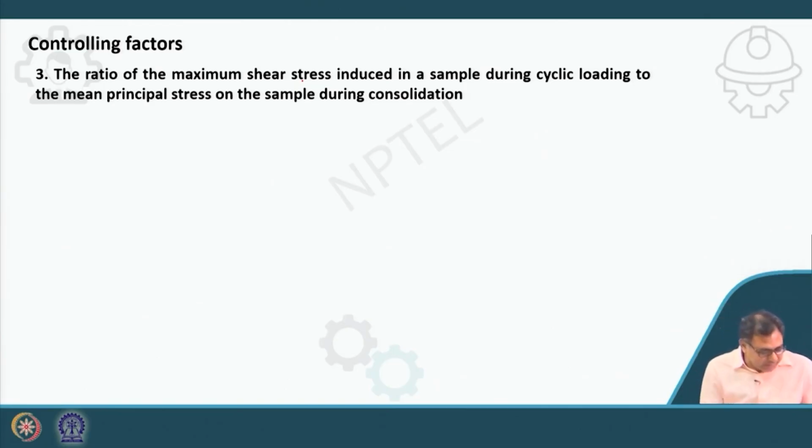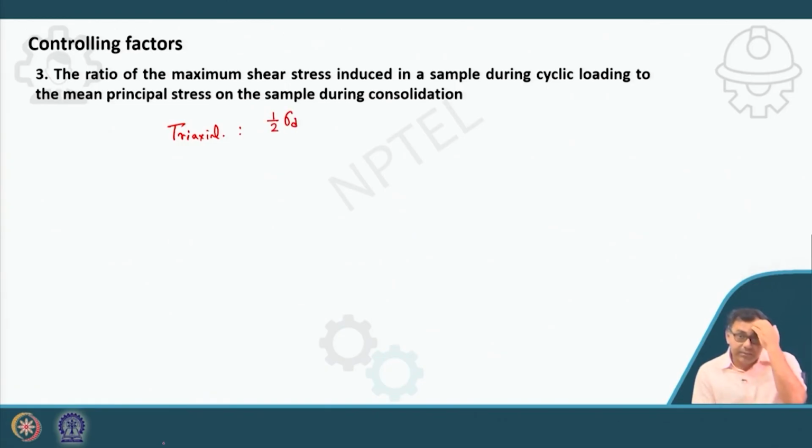So if your test is triaxial, what is the maximum shear stress induced in the sample? For triaxial, what is the maximum shear stress? Because we have taken the 45-degree plane, that will give the maximum shear stress. So the maximum shear stress will be half sigma d.